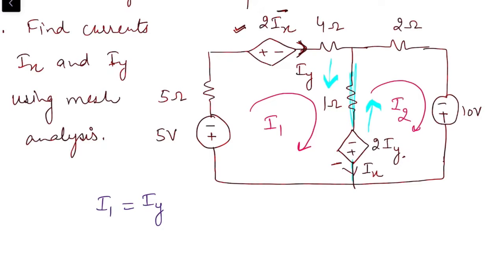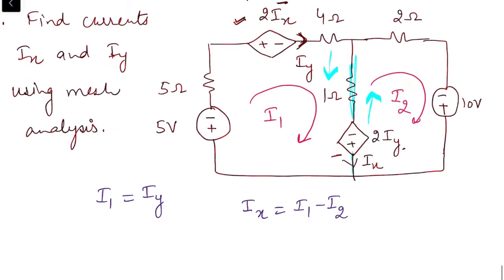Since I1 and Ix are in the same direction, and I2 is just opposite to Ix, Ix is equal to I1 minus I2. These are the two equations which we get by expressing the controlling quantities in terms of mesh currents.